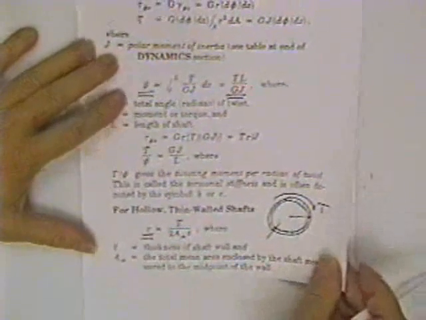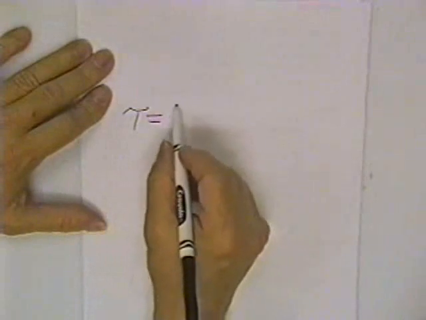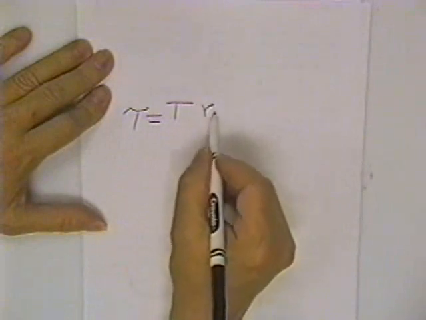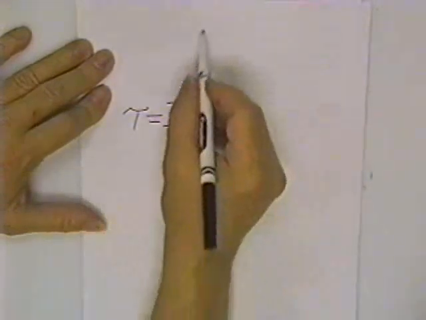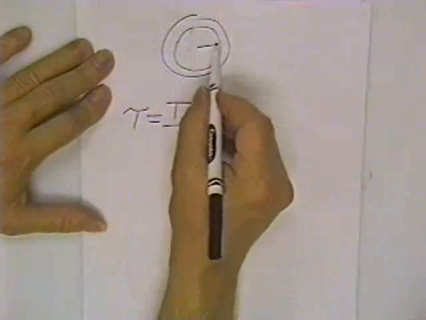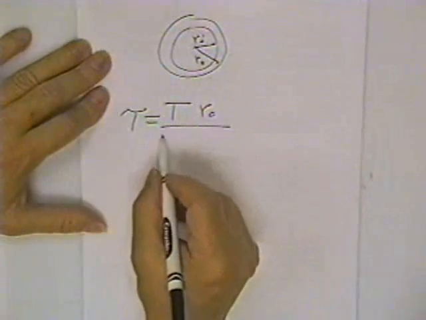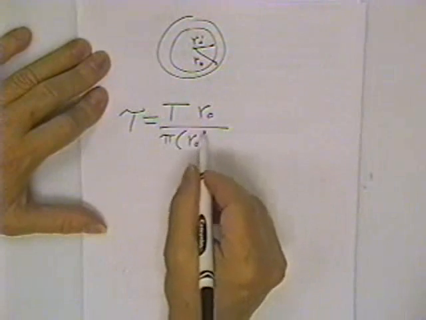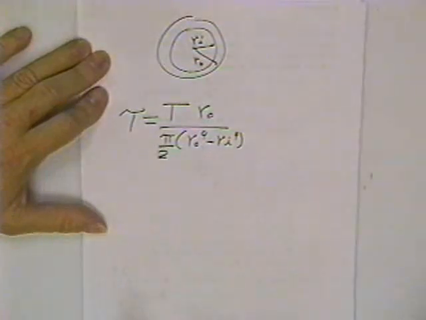If you would rather, you can just use the same equations you had before. You can just say that the stress is equal to the applied torque times the radius to the outside surface from the center, and you divide by J. For a thin piece, you'd have an R inner, you'd have an R outer, and the J would be pi times R outer to the fourth minus R inner to the fourth, divided by 2.